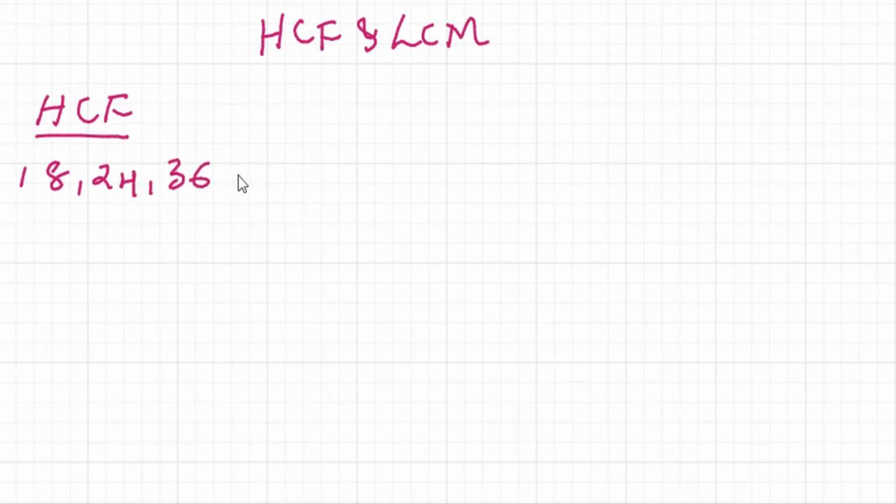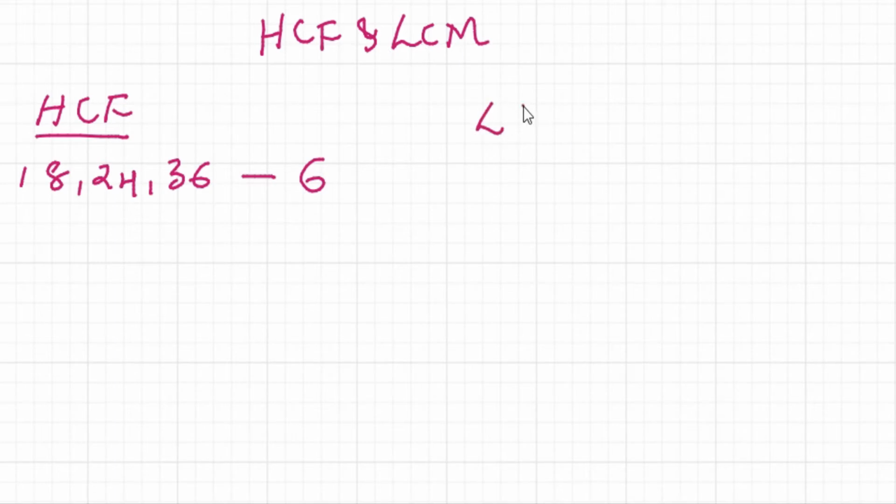HCF of these three numbers is 6, which means that 6 is the greatest number which divides each of these numbers exactly. Clear? 6 is the greatest number which divides each of these numbers 18, 24 and 36 exactly. So that is the highest common factor.